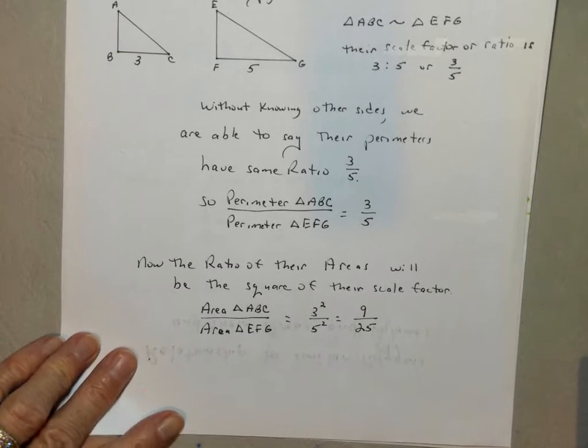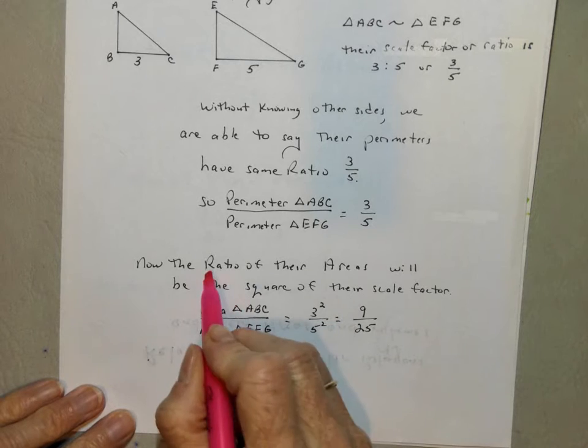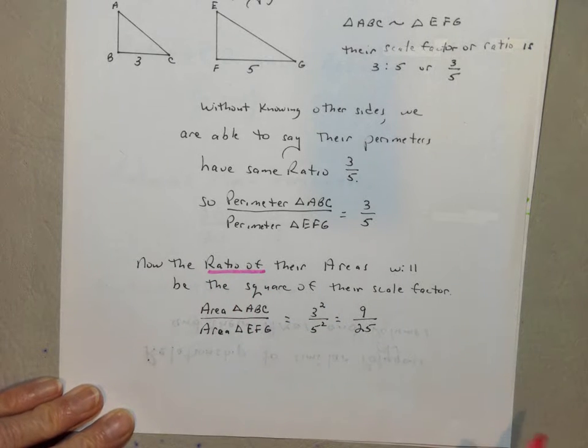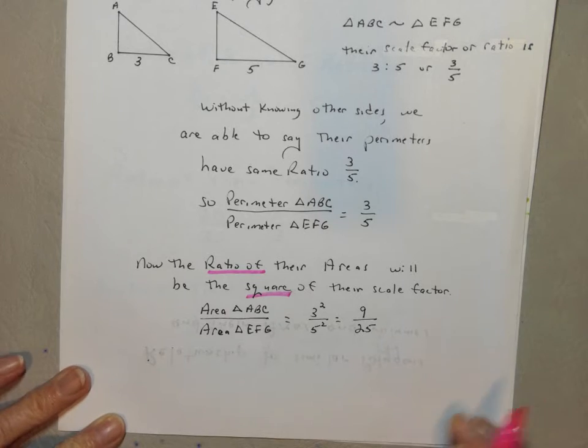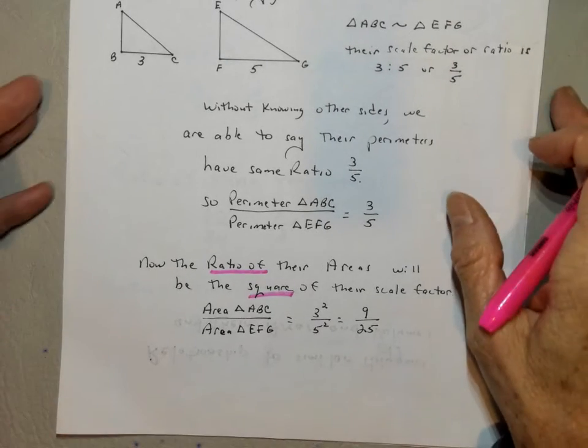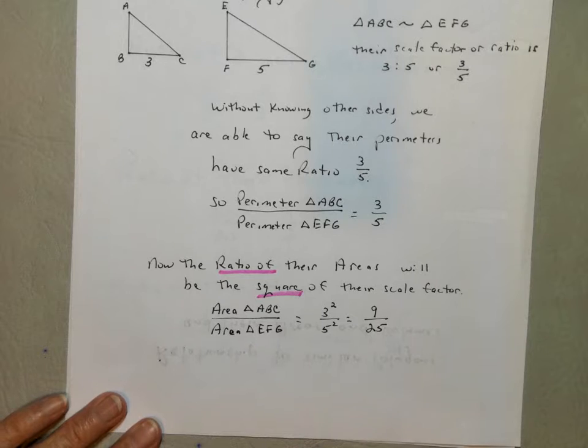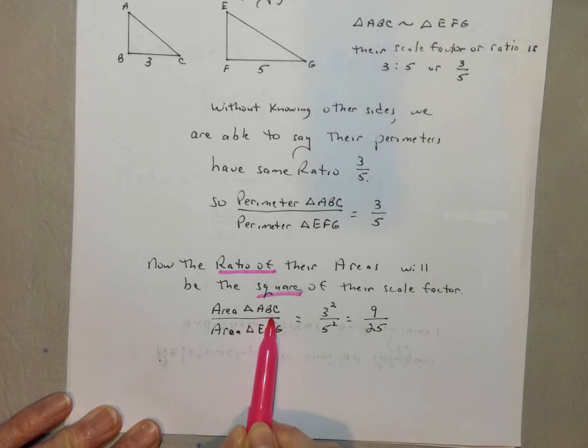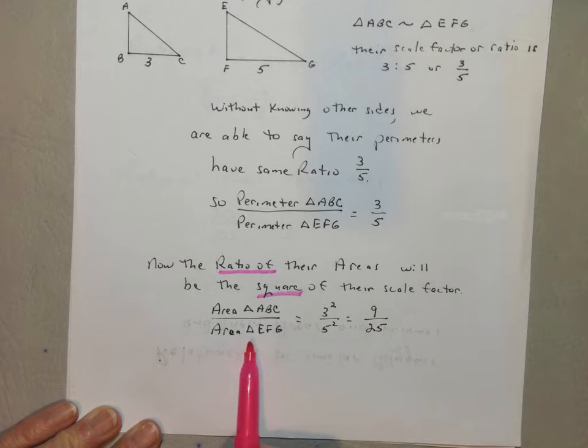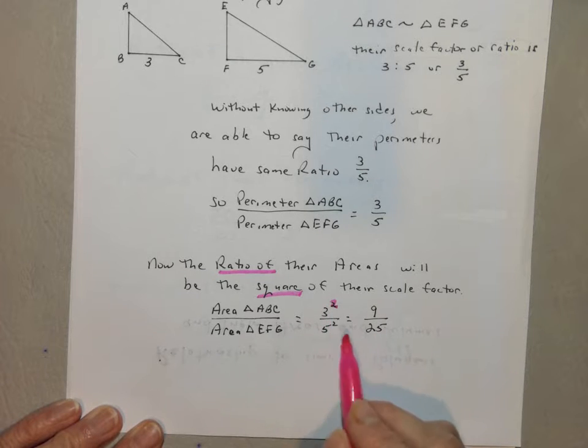Now, the ratio of their areas will be the square of their scale factor. So we know that the ratio of these two polygons is 3 to 5. So the area of triangle ABC over the area of triangle EFG is going to be 3 squared over 5 squared, which means 9 over 25.